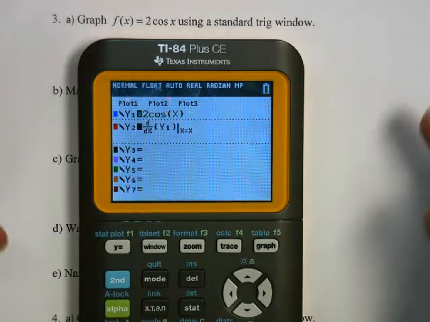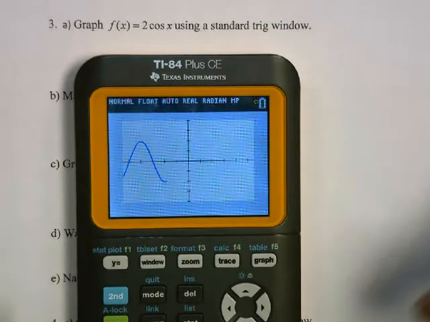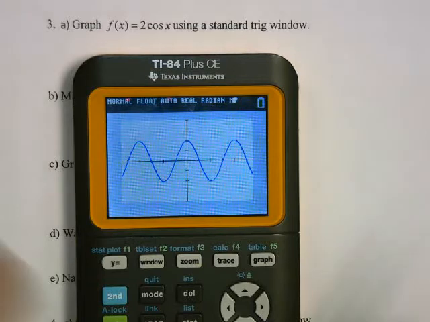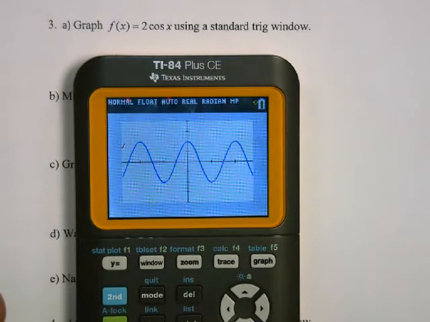Okay, next we're going to graph 2 cosine x, which of course we know changes the amplitude. So make your own prediction on the derivative. Let's confirm or deny.